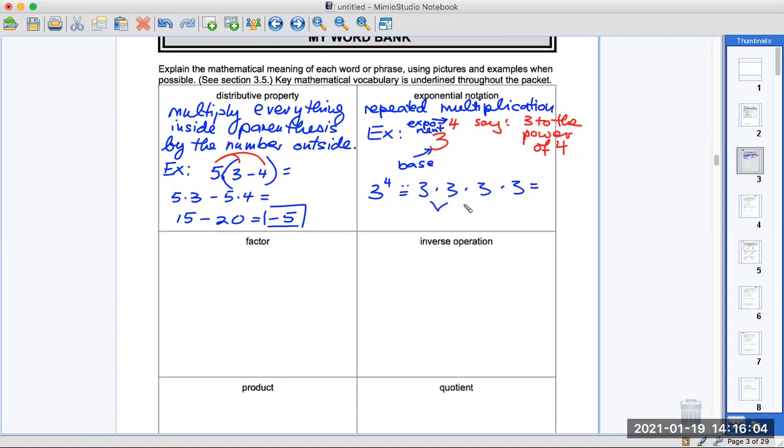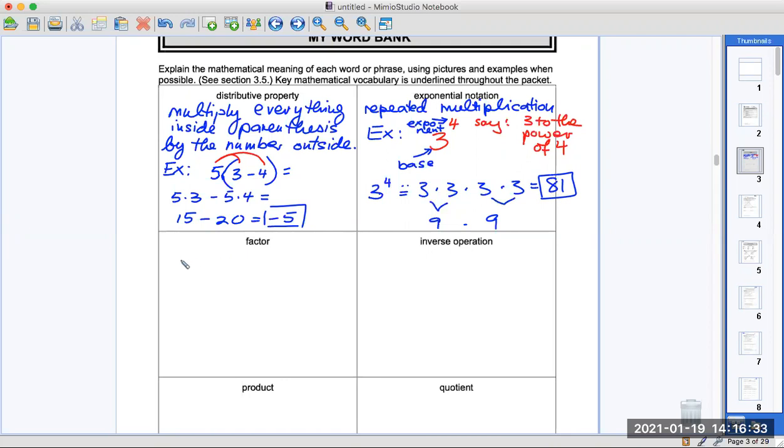And then you can figure that out. 3 times 3 is 9. 3 times 3 is 9. 9 times 9 is 81. So when you have exponential expressions or notation like that, the answers usually get really big fast because you're multiplying the same number over and over, and it goes pretty quick that it goes large. You're not adding, you're multiplying.